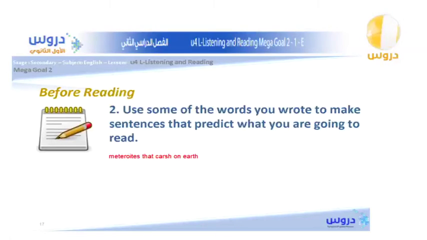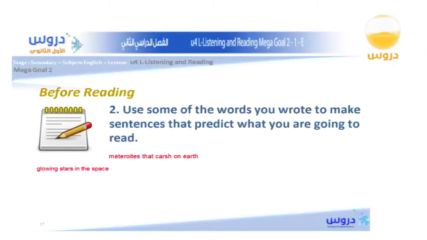Glowing stars in the space. So we have to put them in red also. Okay, so those are the two sentences that we can think of that this reading will talk about: meteorites that crash on Earth and glowing stars in the space.